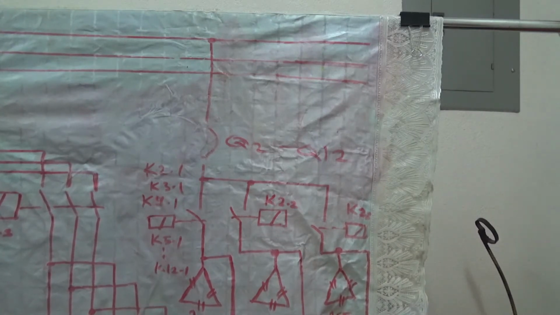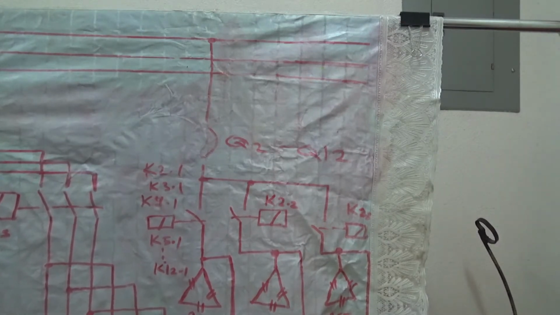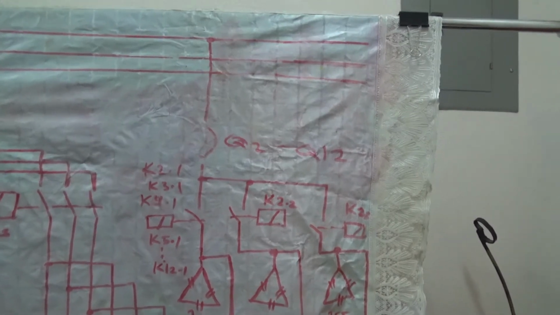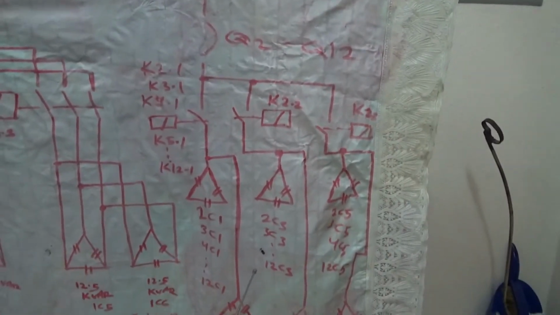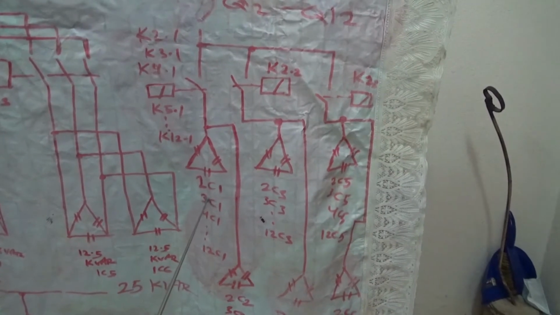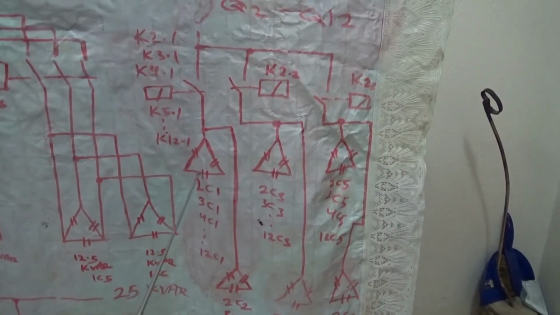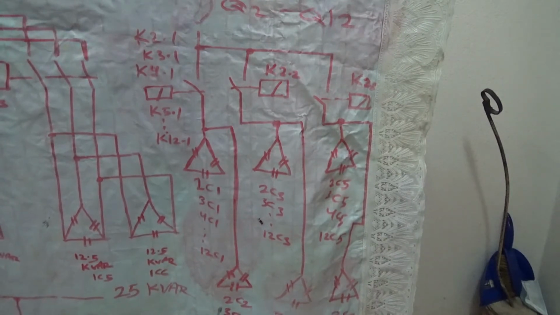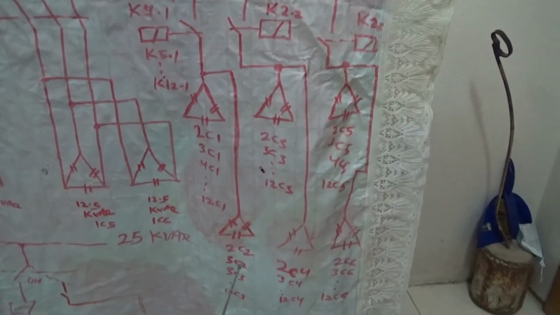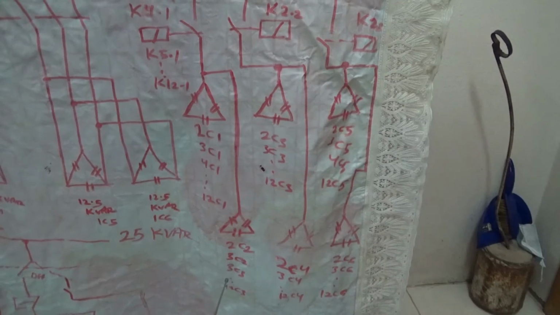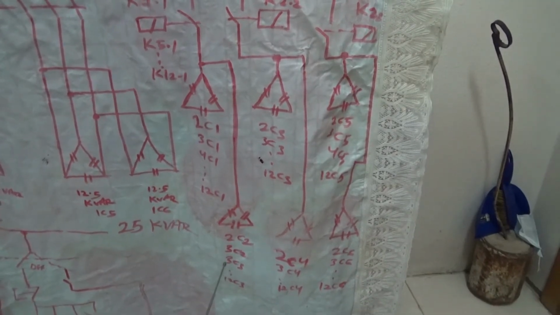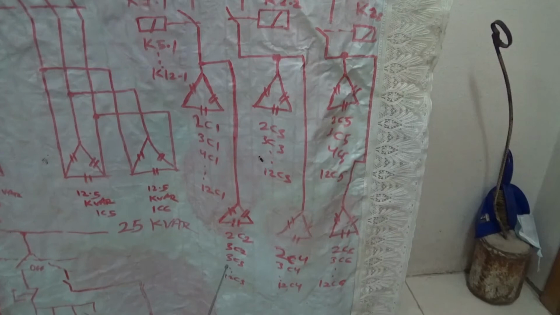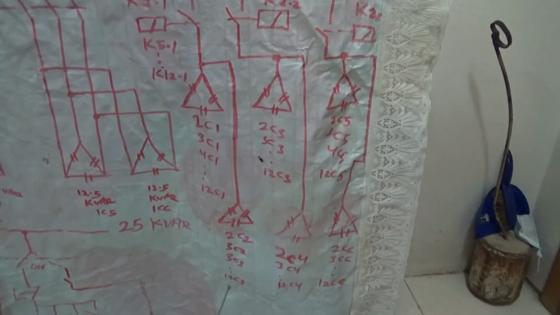This contactor is feeding 2C1, 3C1, 4C1 up to 12C1. Then from here there is one parallel coming, and this one is going to feed 2C2, 3C2, like 12C2.